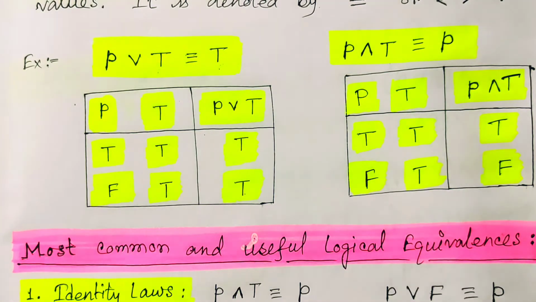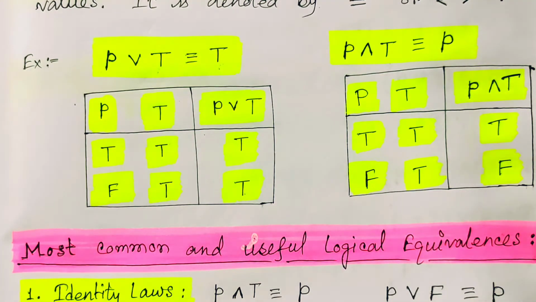Then we would require 32 rows, or in the speaker's words 64 rows, to create the truth table for the corresponding compound proposition. Now is it possible? Of course not. When the number of propositions is large, creating the truth table and drawing inferences from it is not always suitable.